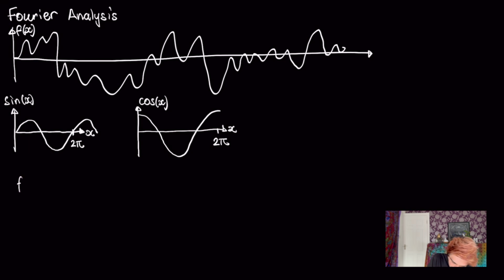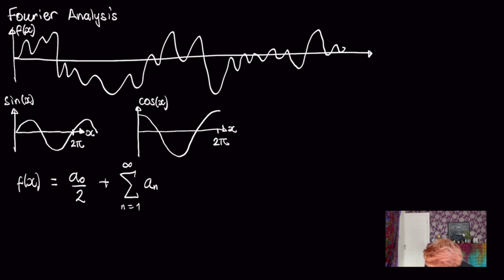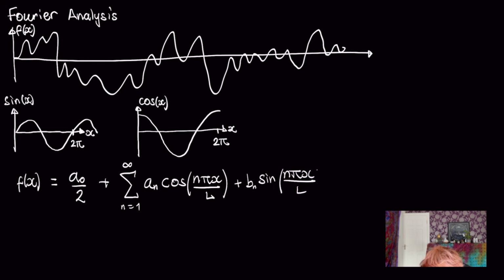Then f of x is going to be equal to a constant term out the front, a0 over 2, plus the sum going from n equals 1 to potentially infinity, and this is a very general formulation, a_n times cos(n pi x over L) plus b_n times sin(n pi x over L). So let's go ahead and break this down.